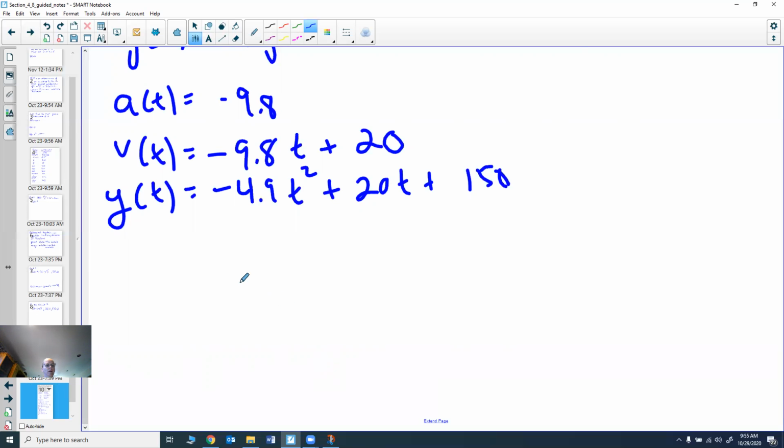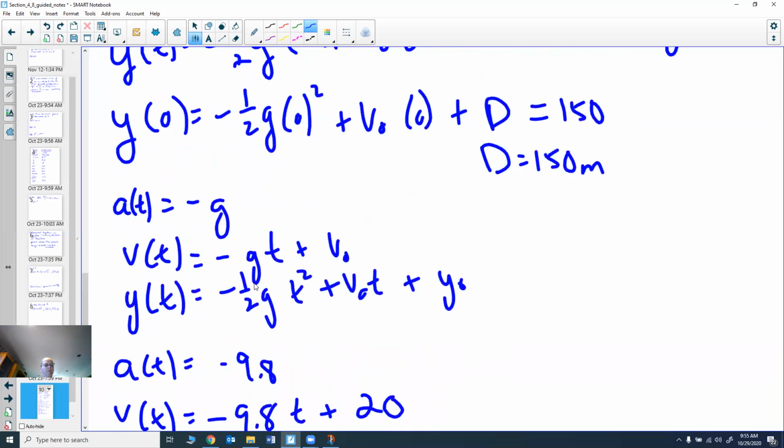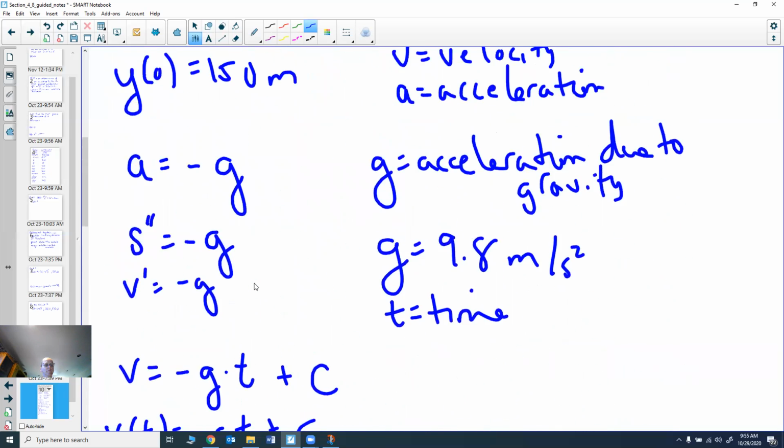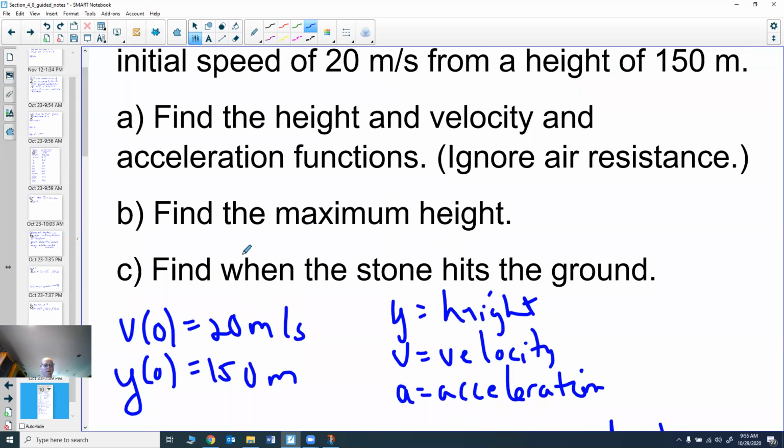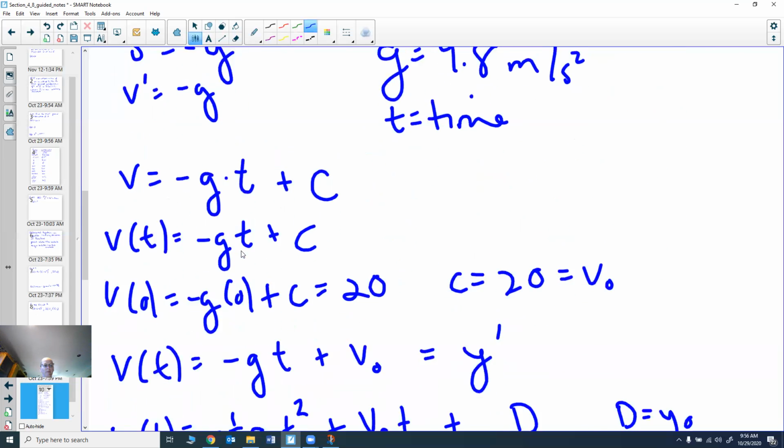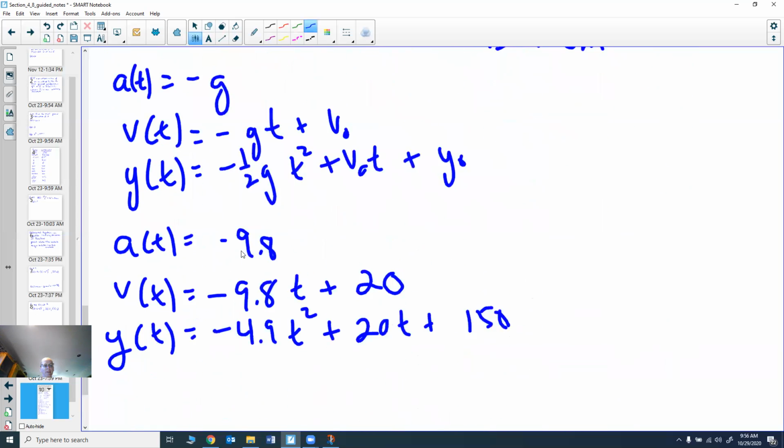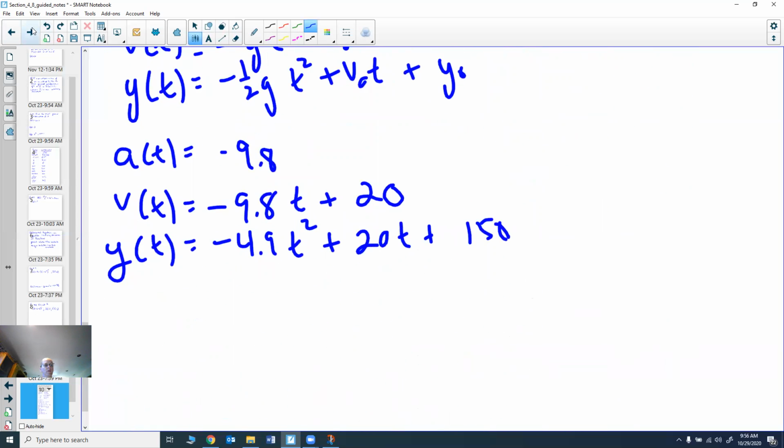Those are the first, that's part A. In part B, we would like to find the maximum height. Well, the maximum height, remember, is when the velocity is 0, because we're looking for a maximum. You can take the derivative of your position to find your velocity, and when your velocity is 0 is when you're going to have either maximums or minimums.